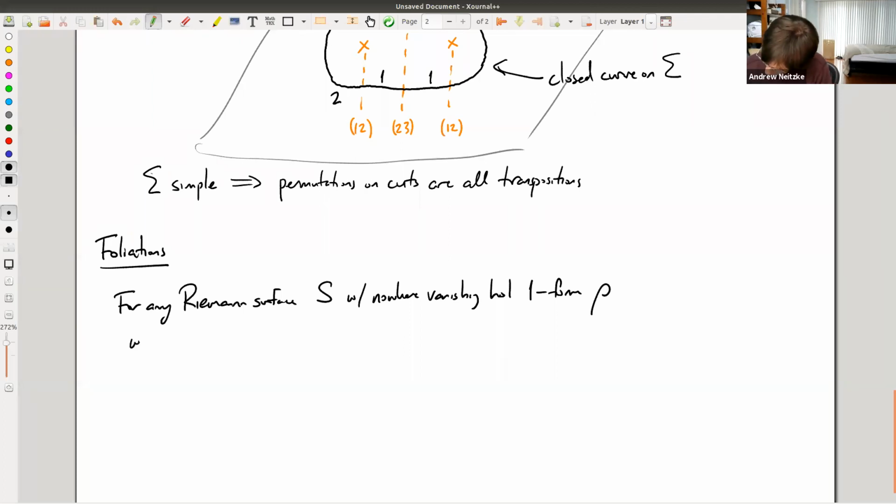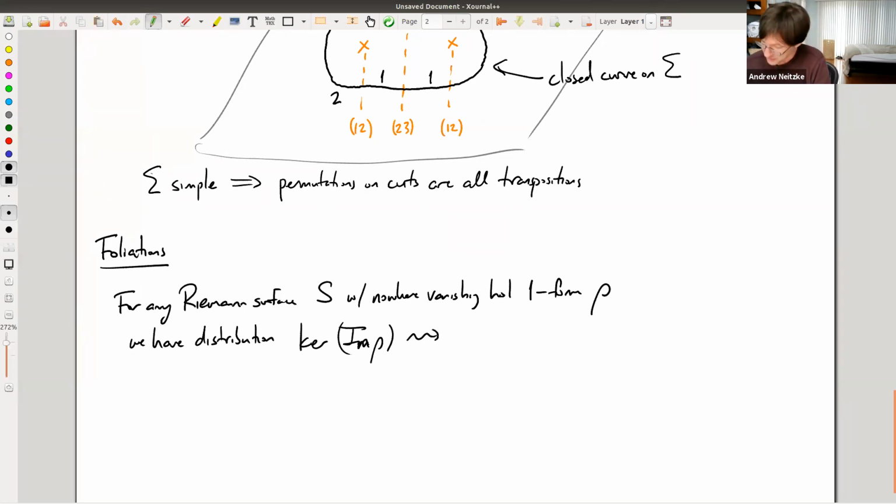We have the distribution, in the sense of a subbundle of the tangent bundle, which is the kernel of the imaginary part of rho. That's imaginary part, not the image of rho. It's the kernel of the imaginary part of rho.